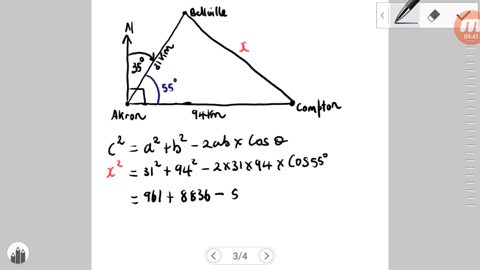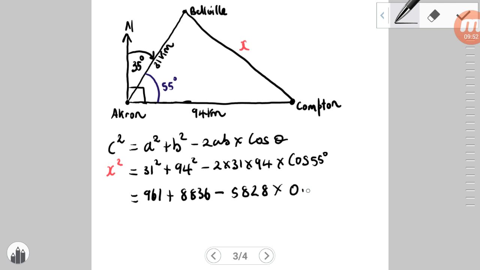That gives us 5,828. And then we're going to multiply that now by the cosine of 55. That is equal to 0.5736 rounded off to 4 decimal places.